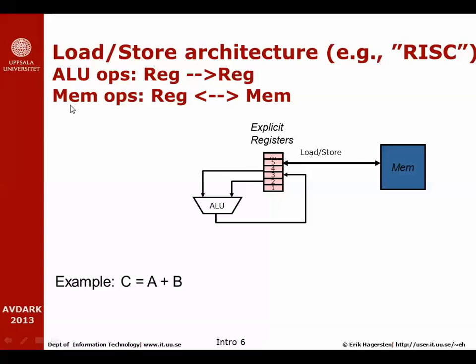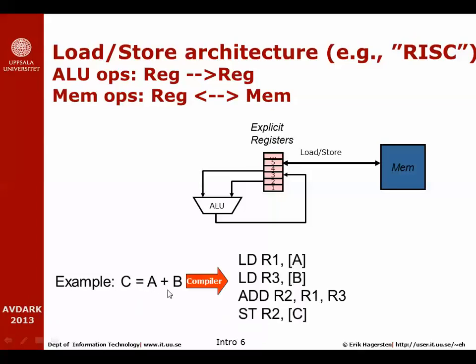And then we have another kind of instructions, memory operations, that move data to and from registers and memory. So for example, if we compile this simple code example here, C equals A plus B, the compiler would generate some load store instructions to perform C equals A plus B.